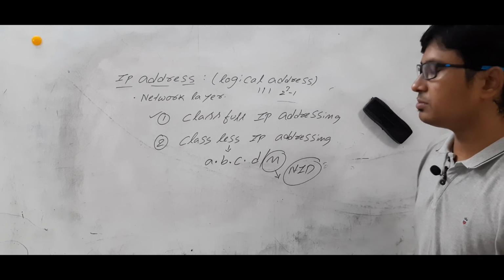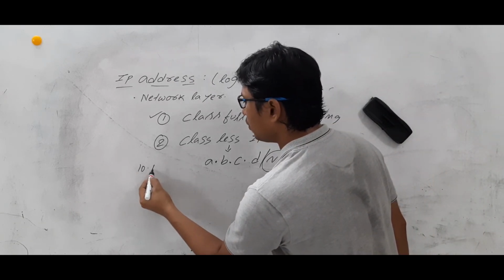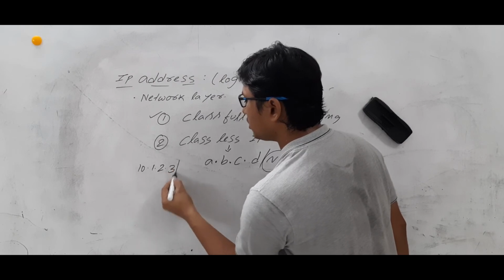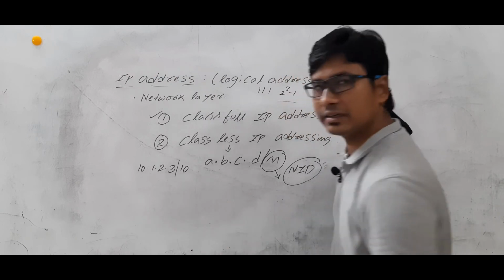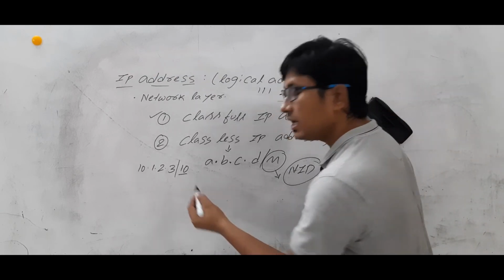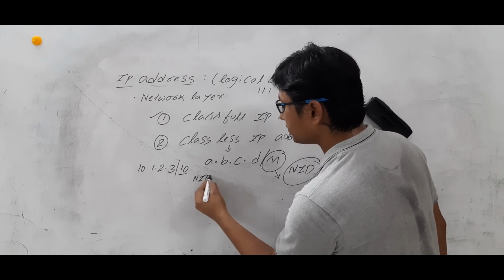Let's take a simple example: 10.1.2.3 with /10. Then the meaning is that 10 bits are allocated for the network ID.